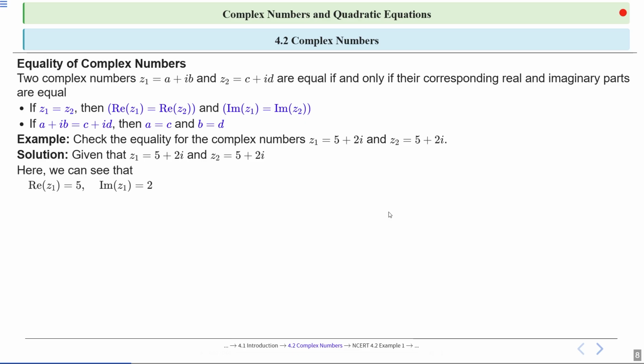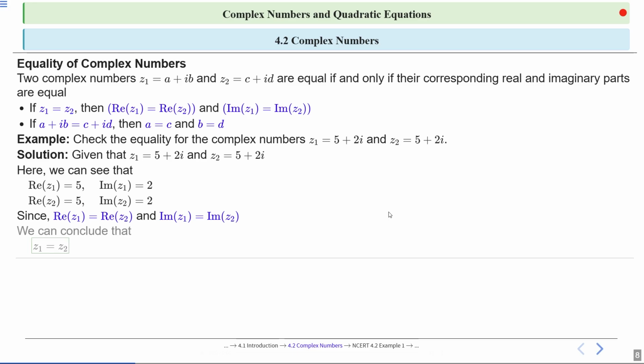Here we can see that the real part of z1 is 5 and the imaginary part of z1 is 2. The real part of z2 is 5 and the imaginary part of z2 is 2. Since the real part of z1 equals the real part of z2 and the imaginary part of z1 equals the imaginary part of z2, we can conclude that z1 equal to z2.